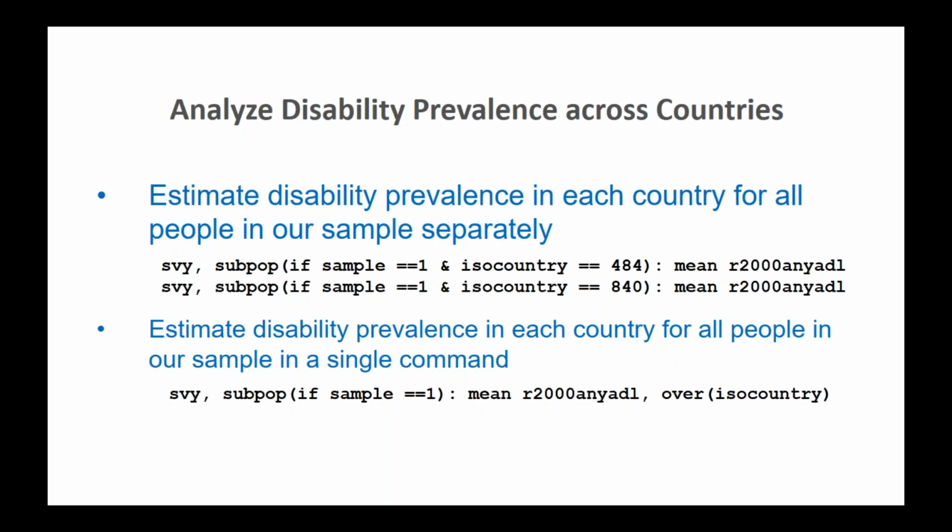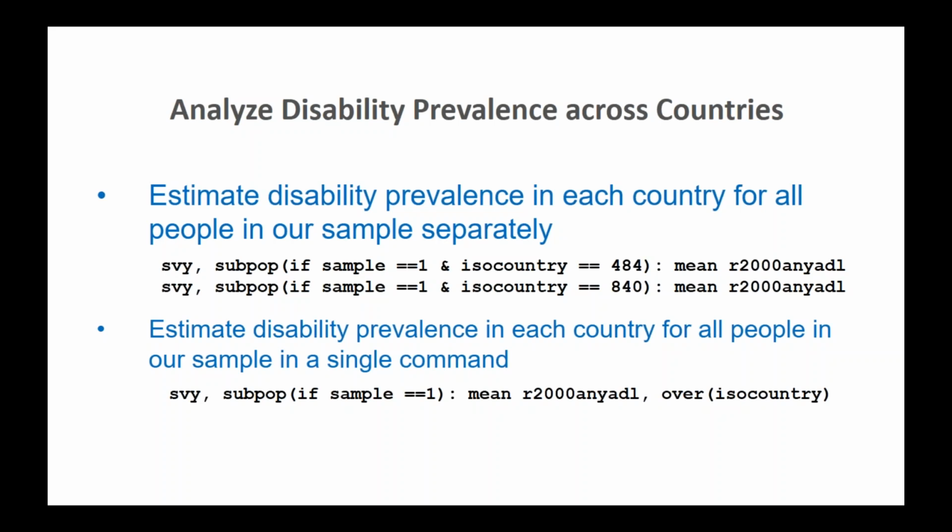Often standard errors using survey data can be a little off, and so we set our subpopulation, so we can say if sample is equal to 1, so these people who are in our sample. First we're going to generate an estimate for Mexico and then an estimate for the US. This lets Stata know which standard errors are applicable and which ones they should ignore.